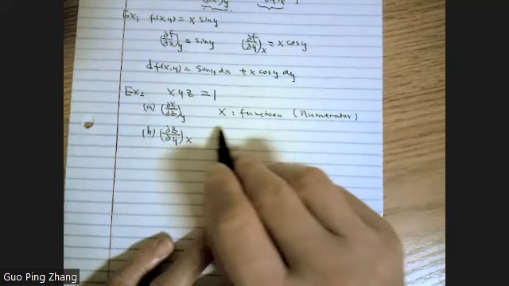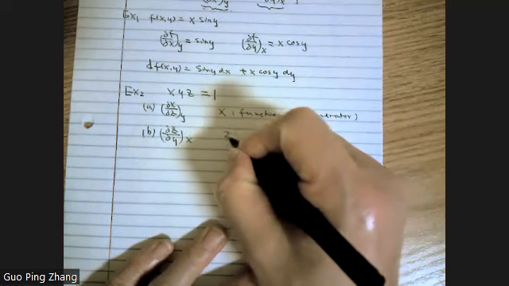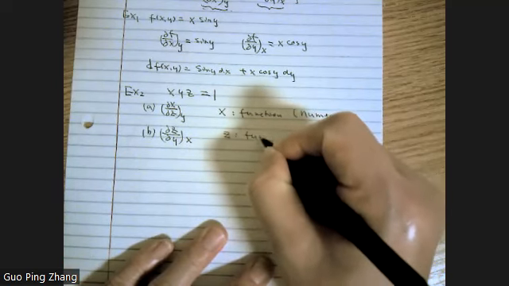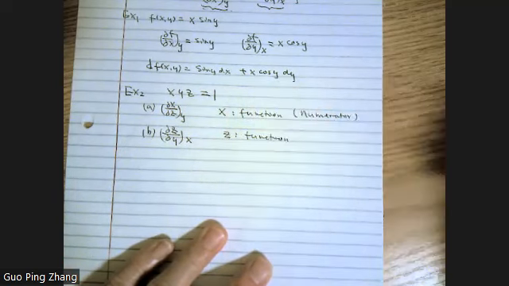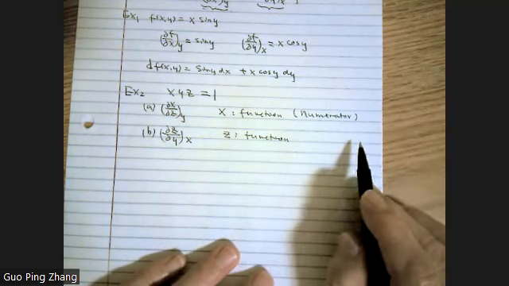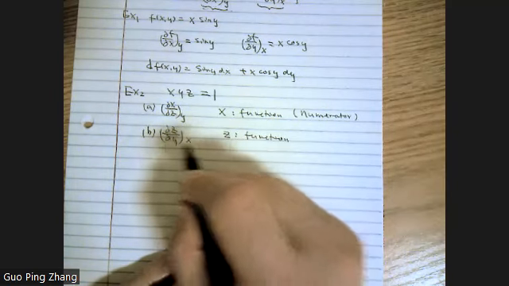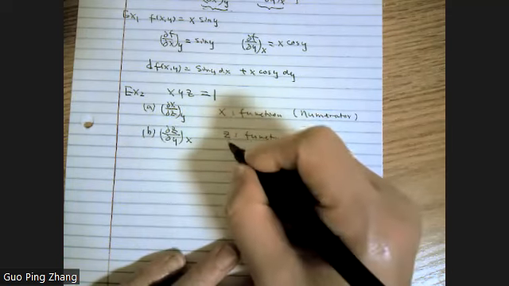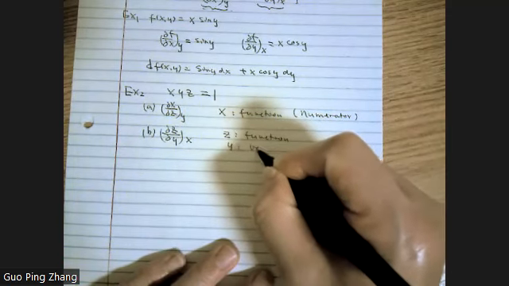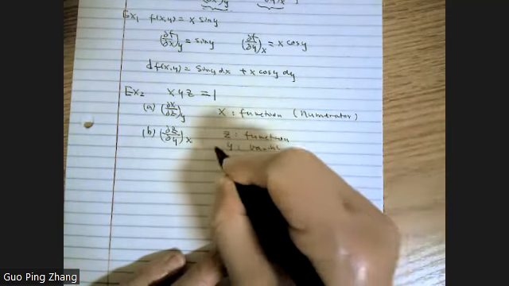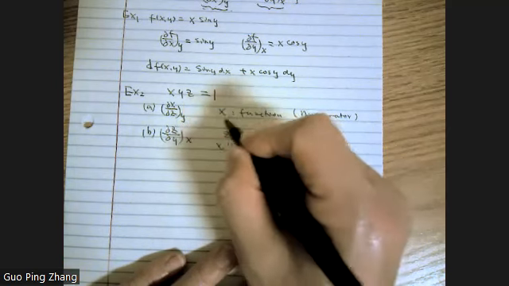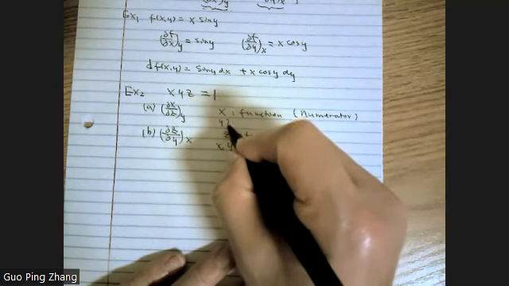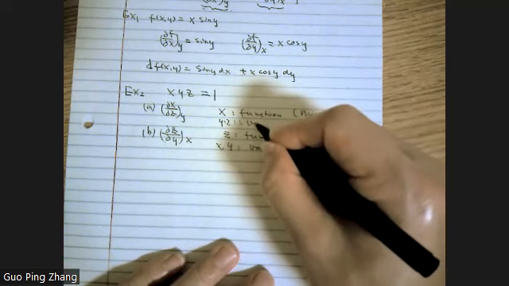Then in this case, z is a function because it's on the numerator, and the variable will be y. To be more precise, it should be x and y. So here it should be y and z. These two are variables.